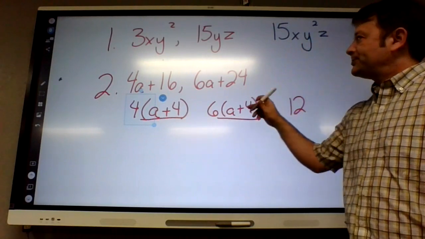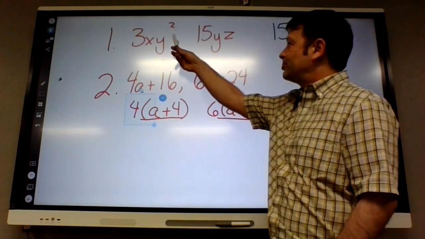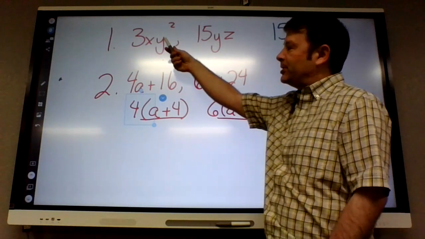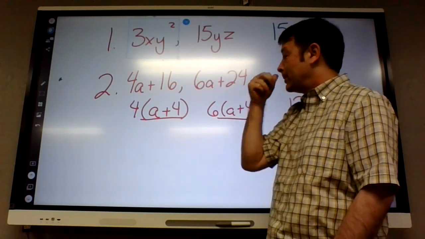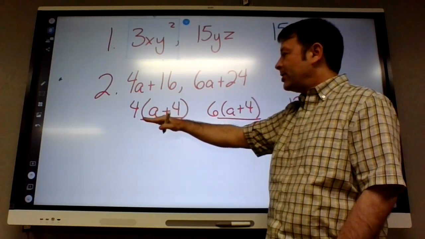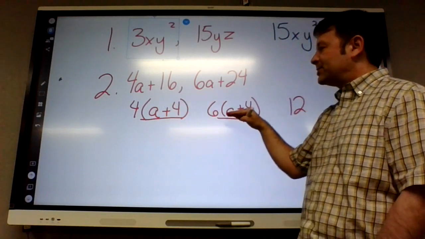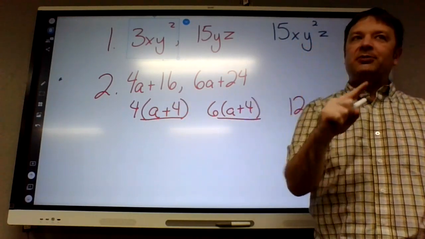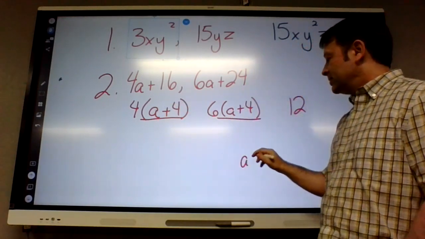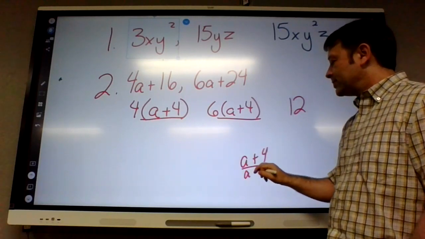Remember on the last problem how we said who has the most y squareds, and we used y squared. Remember how we've been thinking of a plus 4 as one thing this week when we cancel stuff out. You need to think of a plus 4 as one thing.